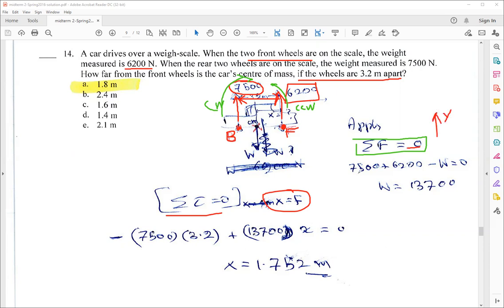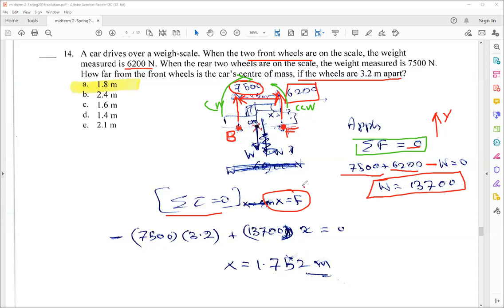The two normals, from the back and from the front, minus the weight, because it's pointing down, equal 0. That gives me a total weight of 13,700.